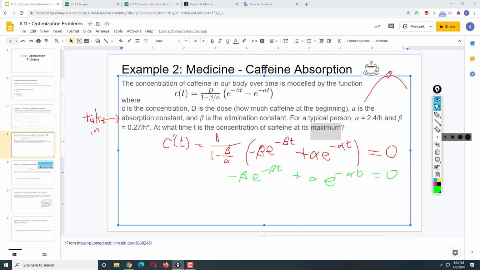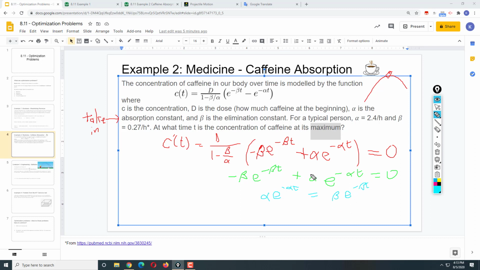So we can move this term to the right hand side and we end up with alpha e to the negative alpha t equals beta e to the negative beta t.